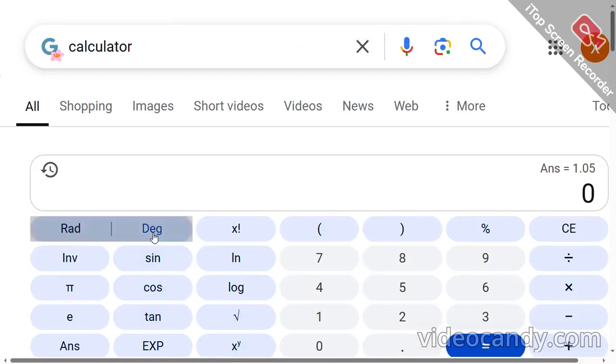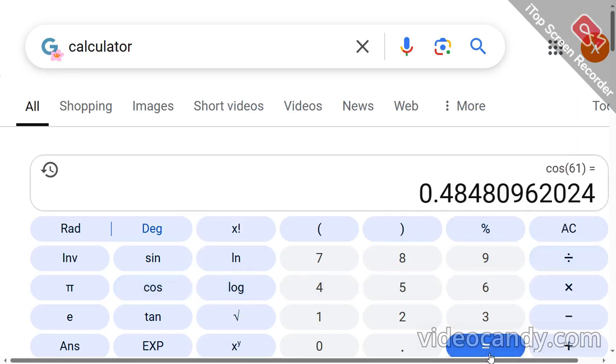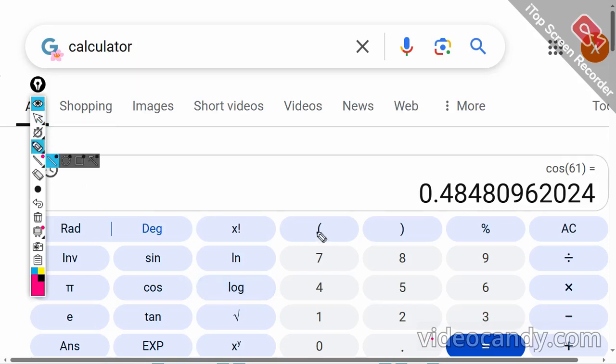The one in blue in this calculator is what you're using. We're doing the cosine of 61, close parentheses. Cosine on your calculator is COS. This angle is in parentheses. Remember that we're rounding off to 4 decimal places. So 1, 2, 3, 4. You look at the fifth decimal place.